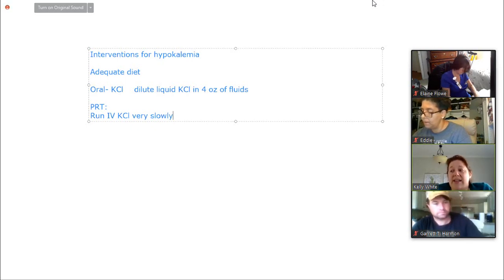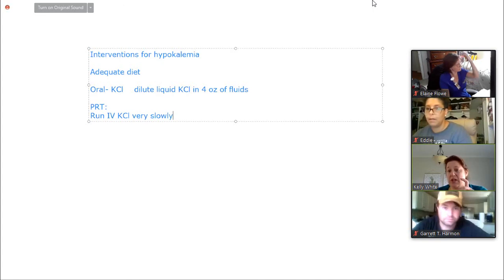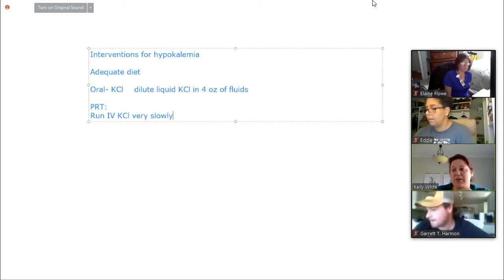I will always attempt to dilute IV potassium. If they have normal saline hanging, I'm going to try and run it concurrently with that small bag of potassium to dilute it, because it does burn. Some patients can tolerate it, others cannot. Sometimes it takes me hours and hours to get a bag of IV fluid in, because I have to slow it down so much because it burns that patient too much.